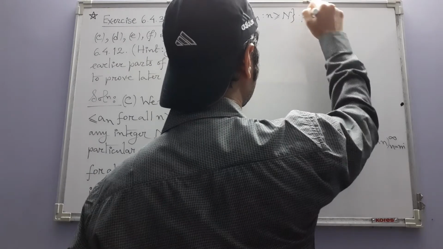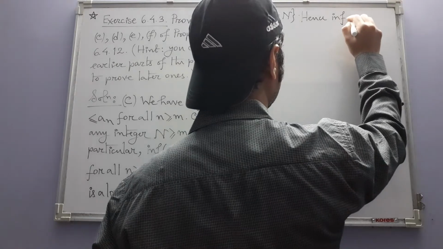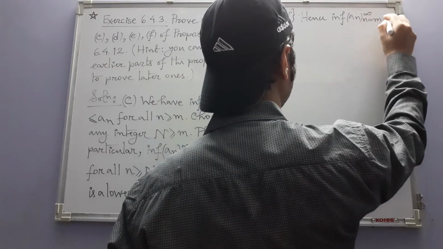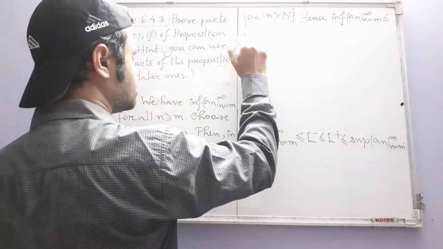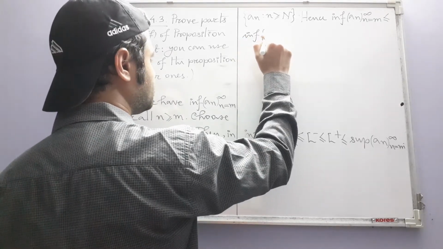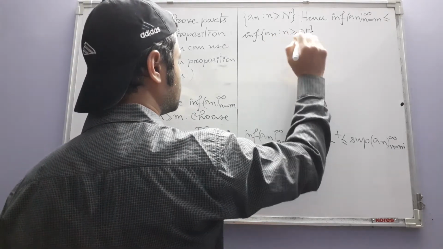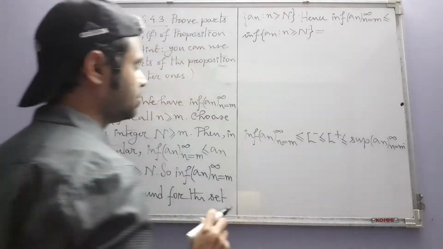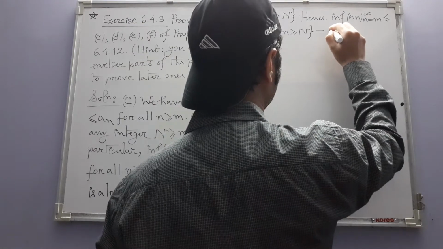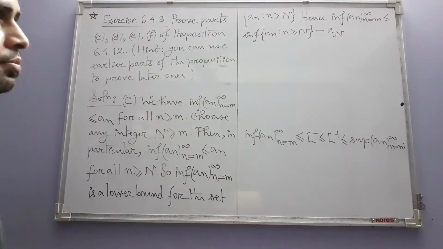Hence the infimum of an is less than or equal to the greatest lower bound, means again the infimum of this set. However, according to our notation that we had for these things, this infimum is nothing but a suffix capital N minus.